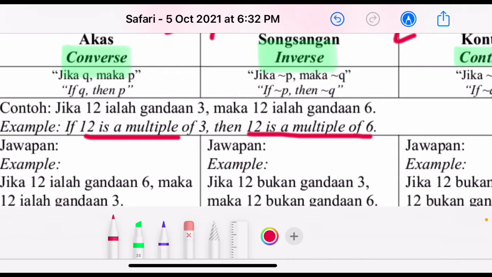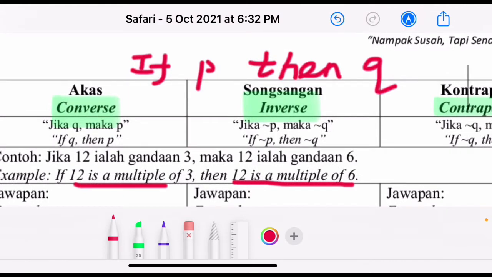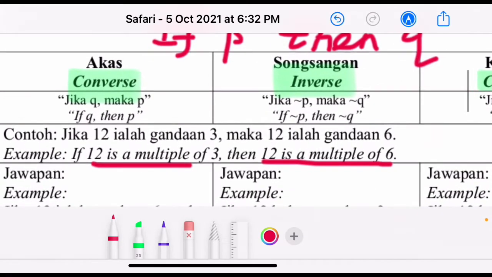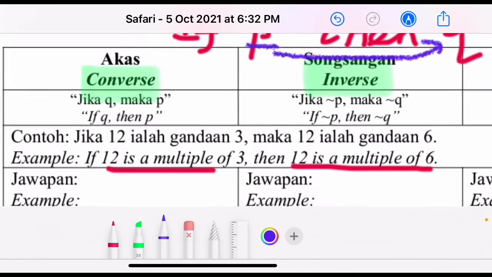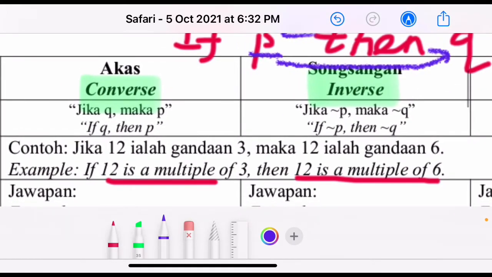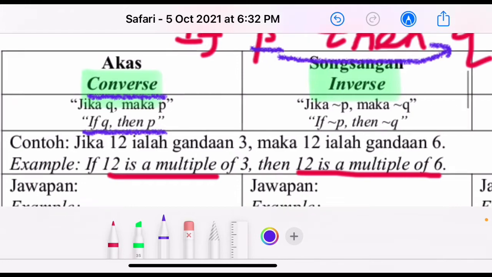So if P then Q is the original statement. If we want to do converse, we have to swap the position of the P: Q takes over the P's place. So it becomes if Q then P. That is called converse. If P then Q, if Q then P, that is called converse.